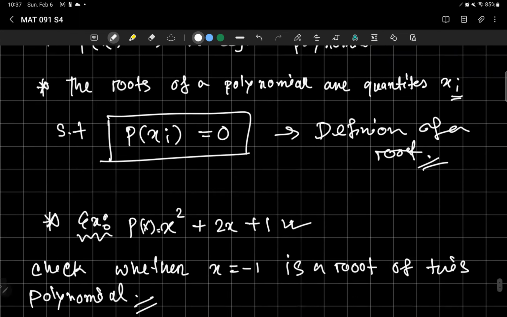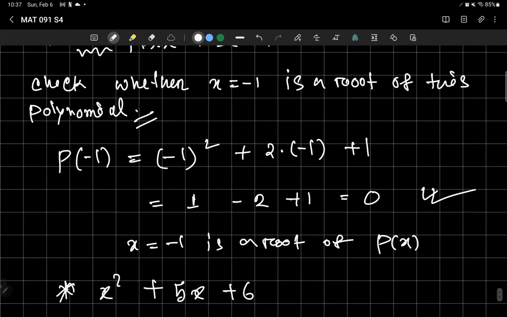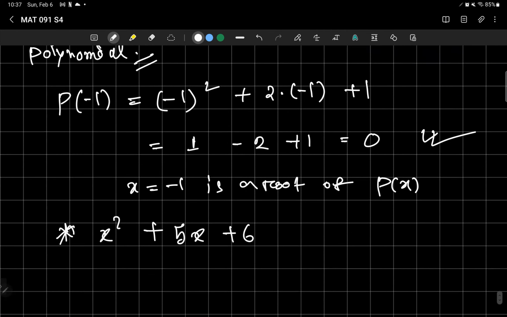I just wanted to define the roots today so that when we do some algebra... I think I need to take a class on algebra because I don't think everyone is familiar with all these concepts. So what I will do is that I won't go further into complex numbers. I'll just introduce the concepts of complex numbers, but then I'll take a class on the basic algebra that everyone needs to know.